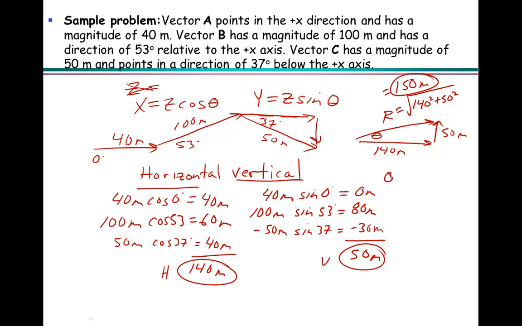That angle theta would be the inverse tangent of the opposite side, which is 50, divided by 140, and we get an answer of approximately 20 degrees. So we would say that the resultant vector is 150 meters at 20 degrees.